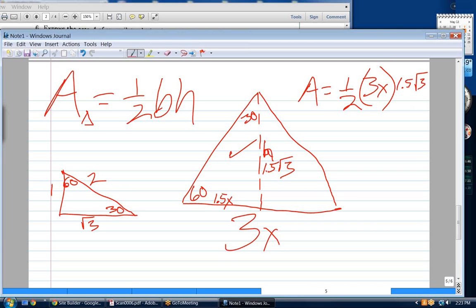Huh. It's not what I thought it was, but it's 1.5 times 1.5, which is 2.25 root 3 x. Excuse me. Yeah, there's the x right there. And in fact, oh, hold on a second. That's also x. So the x squared then. Making it x squared.